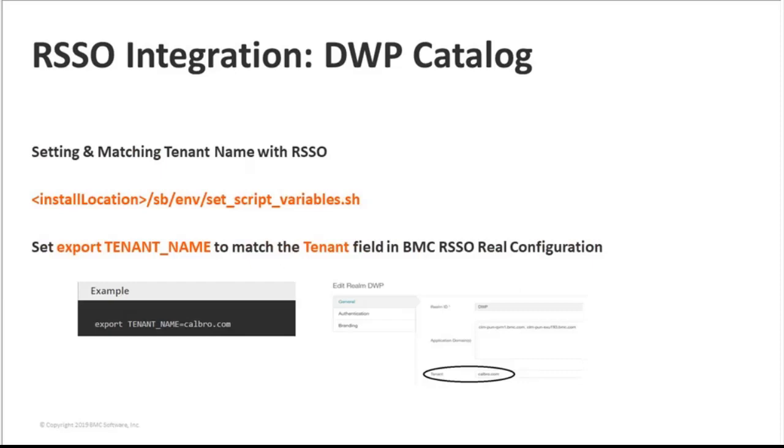It has to be saved under the SBENV folder, and you have to export the variable tenant_name equal to the tenant name, and this very same tenant name has to be configured in the Remedy SSO realm configuration, so that Remedy SSO knows that it has to deal with this tenant when service broker tries to authenticate the user.